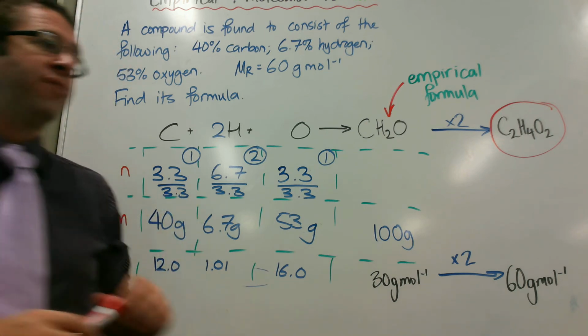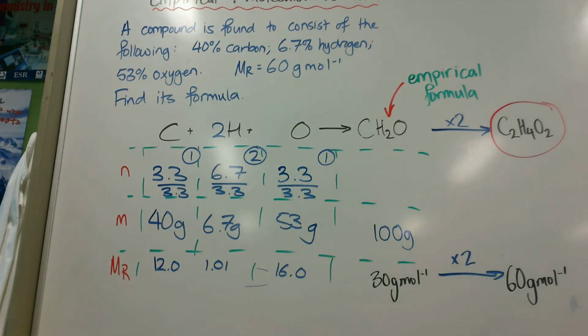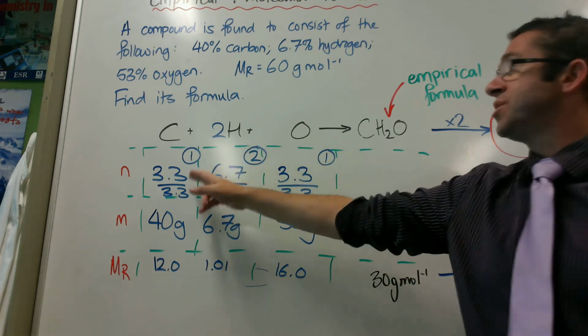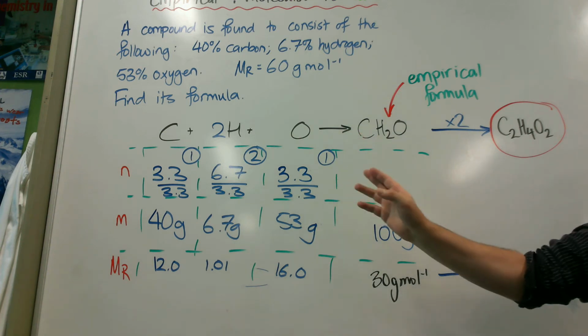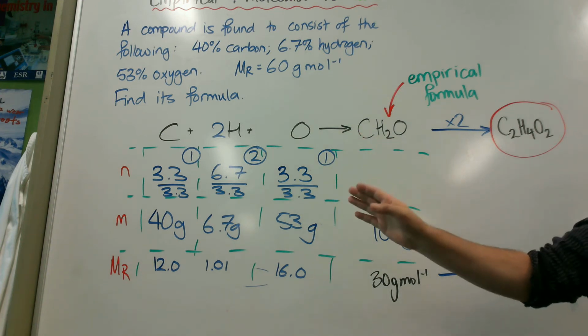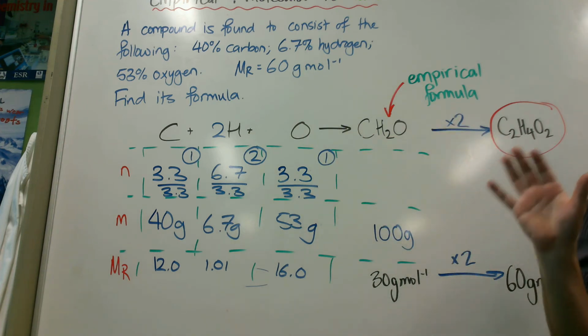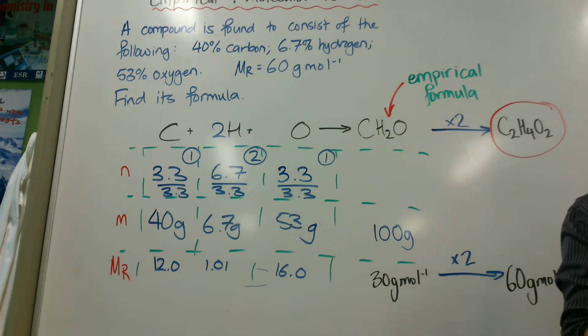Now, a little word for you. If you get a number like 2.5, then you know that it's wrong. Okay, so if it was 1 to 2.5 to 1, you know that it should be 2 to 5 to 2. You've got to find the simplest whole number ratio.